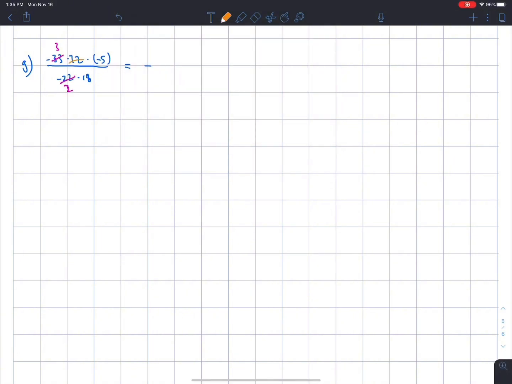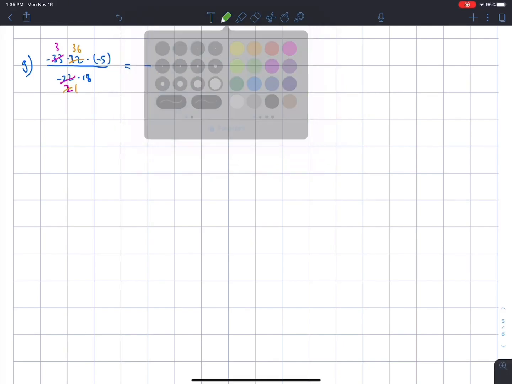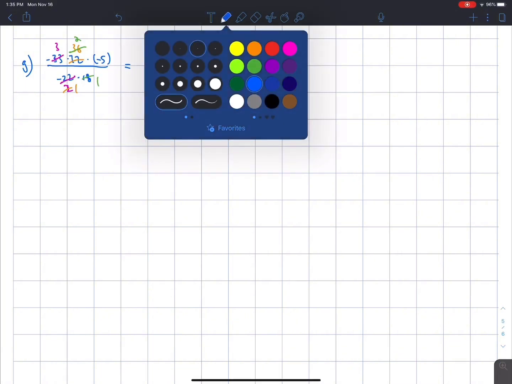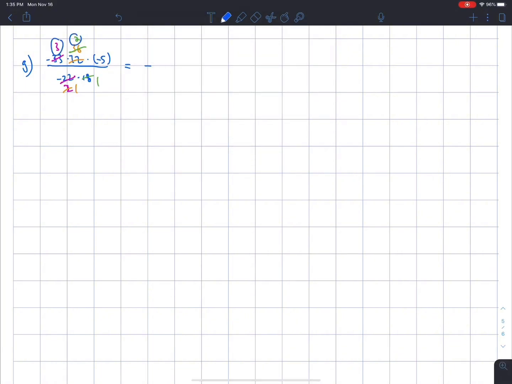Divide 72 by 2 to get 36, 2 by 2 to get 1, 36 by 2 again to get 18. Oh yeah. So I can just divide 36 by 18 to get 2, and then 18 by 18 to get 1. And that's it. I can just multiply them. 3 times 2 is 6, 6 times 5 is 30. So answer will just be 30.